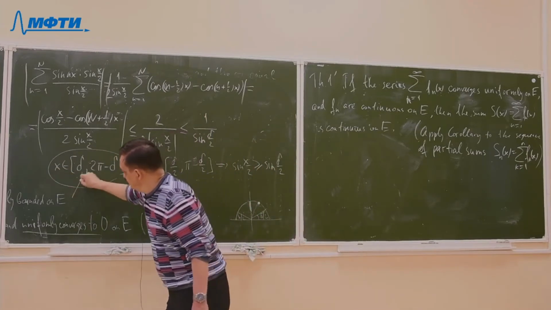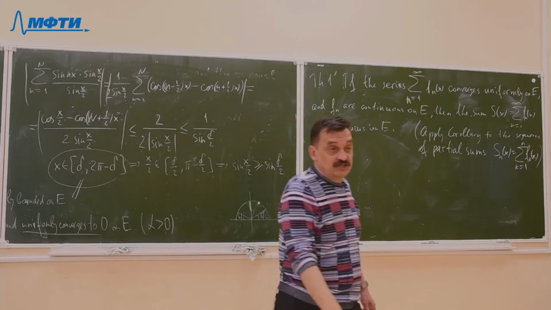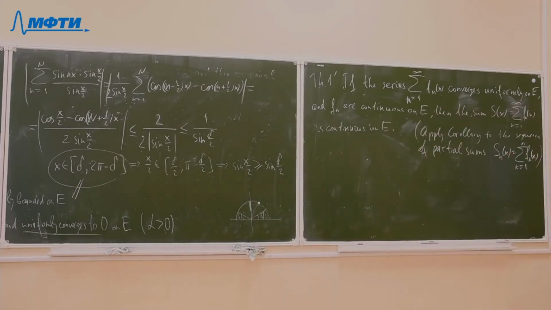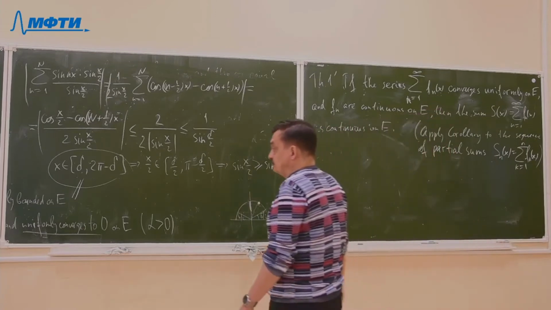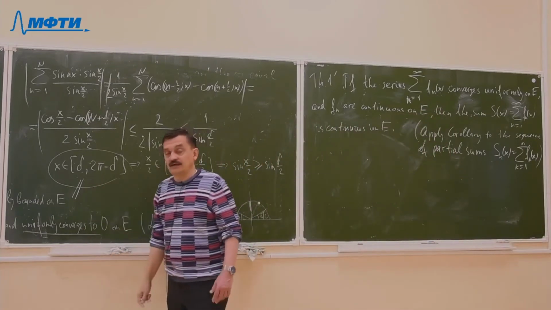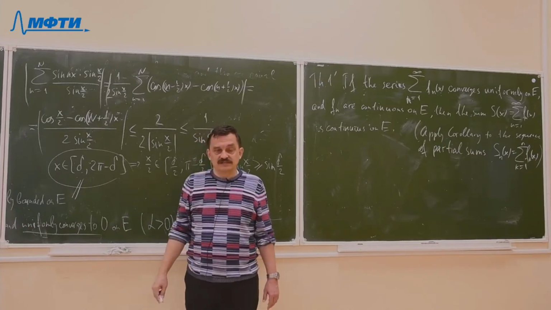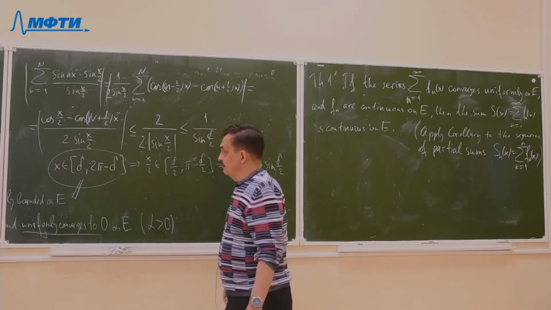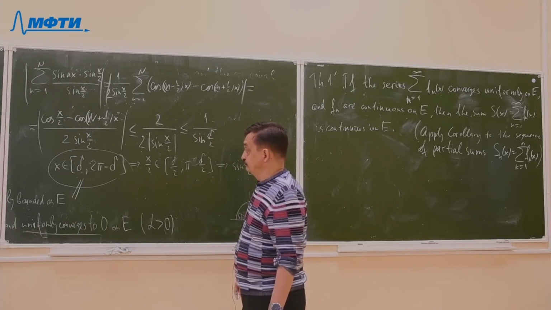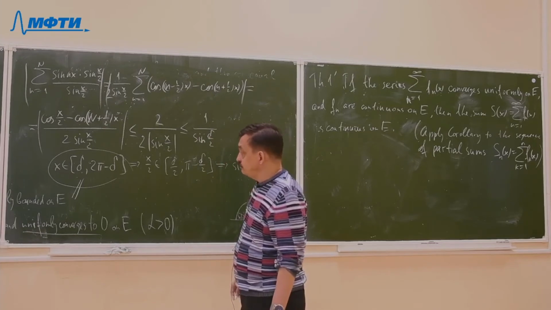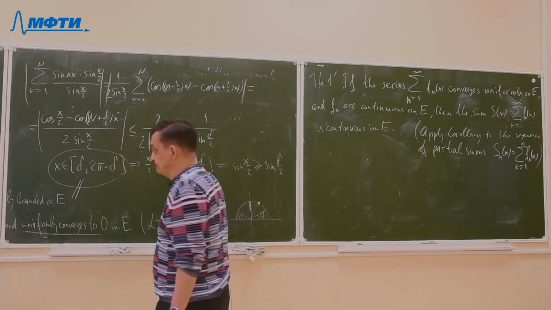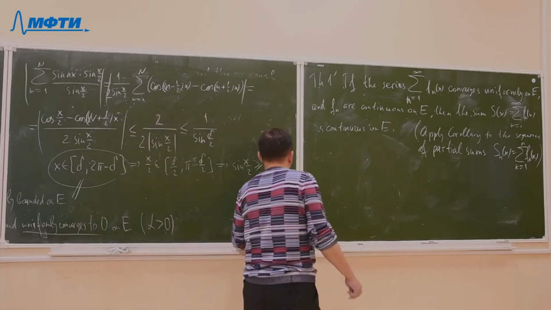And that is valid for this set, which is our set E, not defined yet, but now it's a good point to define. So what do we obtain by the Dirichlet test?